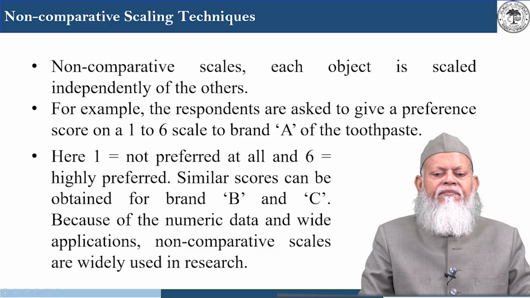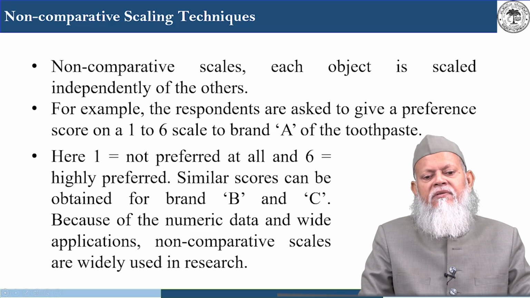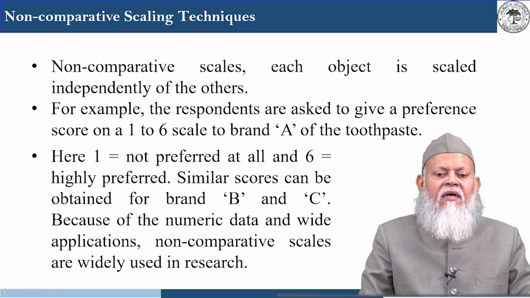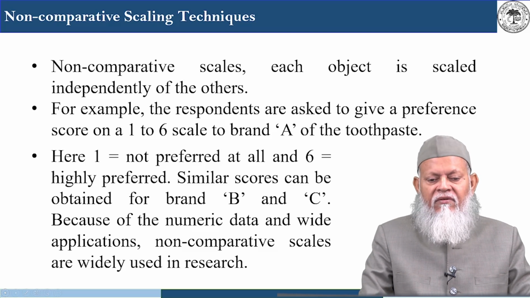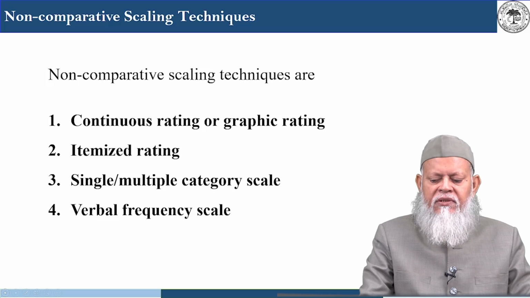Minimum and maximum, 1 to 6 points. Similar scores can be obtained for brand B, brand C, stimulus B, stimulus C. Because of the numeric data and wide applications, non-comparative scales are widely used in research.